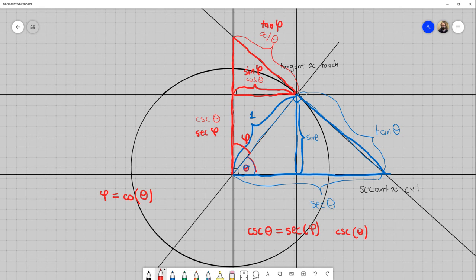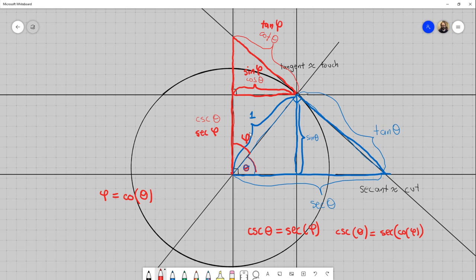So here's where that co comes in. The cofunction of the angle is the function of the complement angle. We see the co's all up in the picture here. All of the co's of theta are related to functions of the complement of theta.